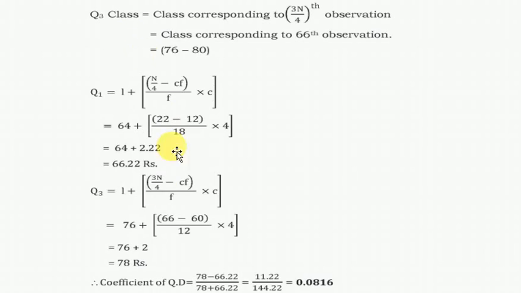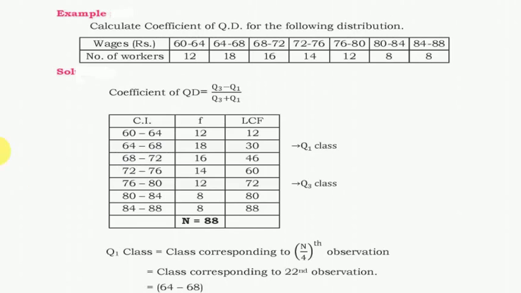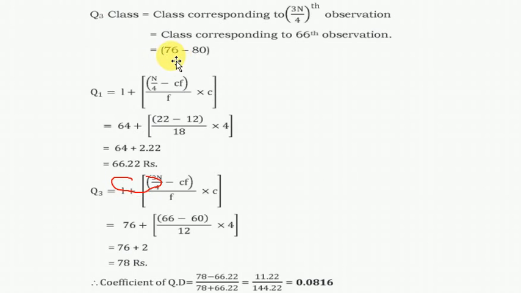Then again we're going to have the same: 3n divided by 4 minus cf divided by f into c. So the lower limit here is 76. Now in this class we're taking 76 as the lower limit. Then 3n by 4, 3 into 88 divided by 4 equals 66, minus cf, that is 60, divided by 12, into that particular class interval.